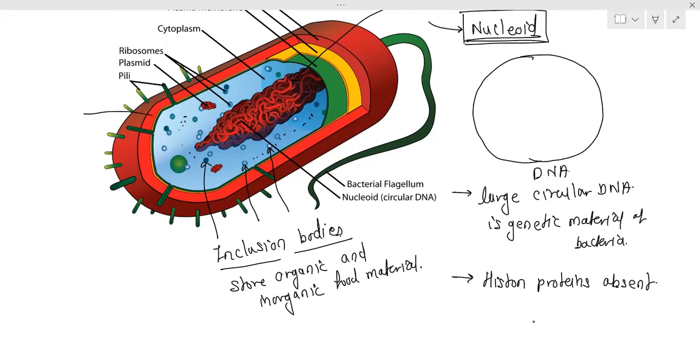And here are these ribosomes. Can you see them? These are ribosomes. Ribosomes are small, and there are too many of them in bacteria. They are non-membrane bound.